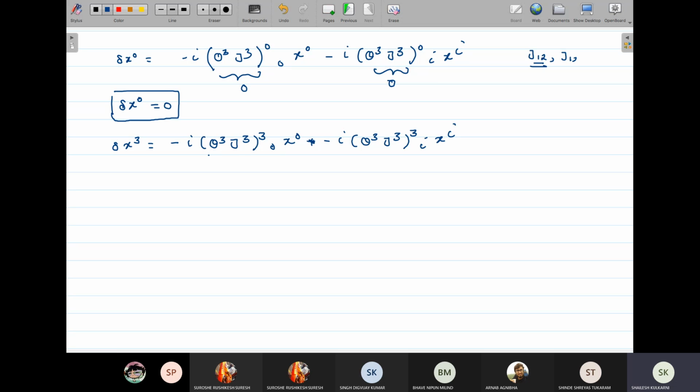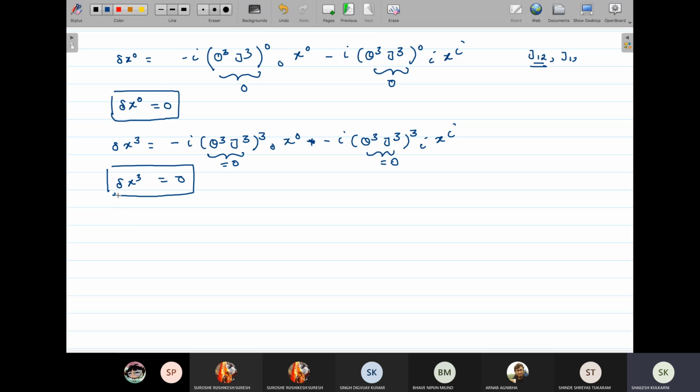This is again 0, since with 3 I can take only 1 and 2, so this is also 0. The form of J3 is such that this is also 0. So delta x3 is 0, delta x0 is 0. There is no change in the z component, which is expected because we are rotating about z, and there is no change in x0.